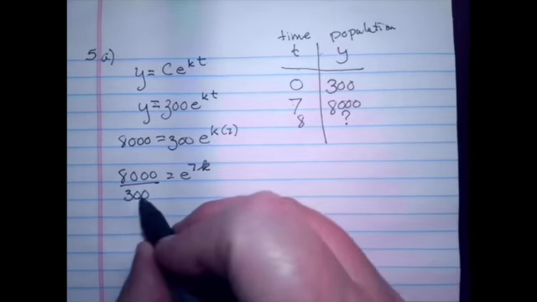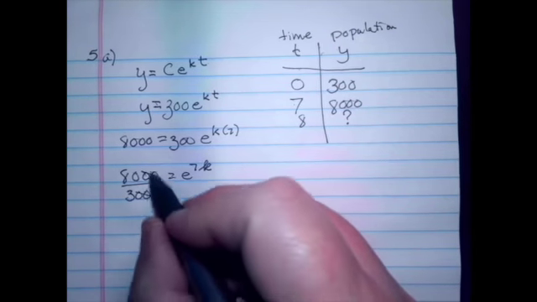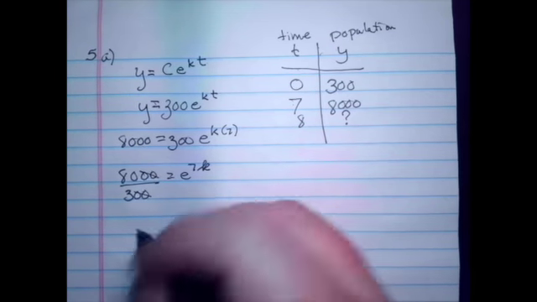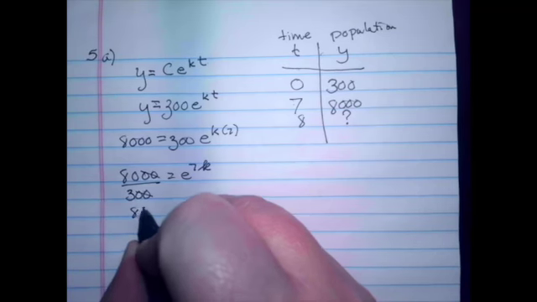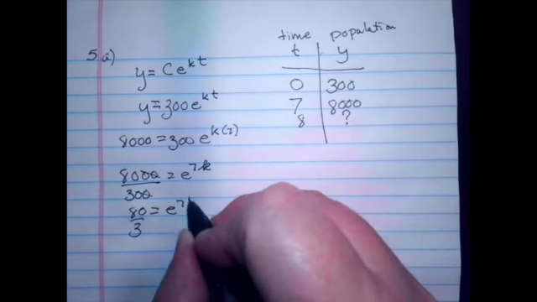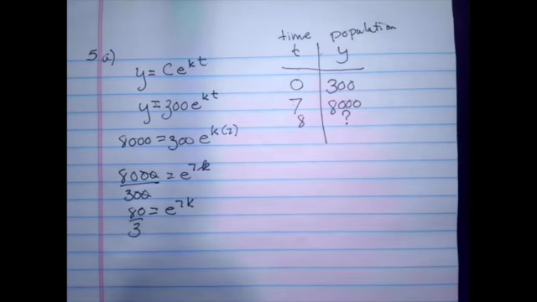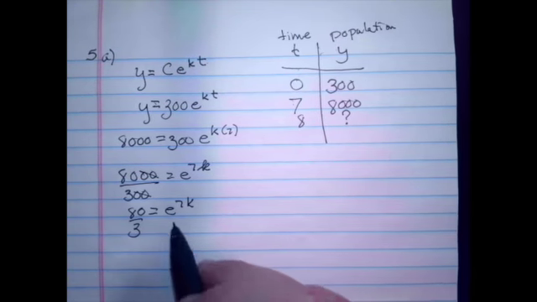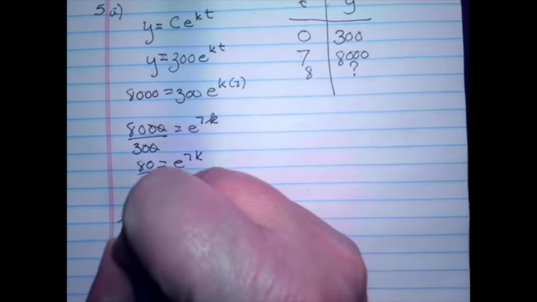Now, rather than pull out the calculator, I'm just going to reduce this. I can take out a common factor of 100, so that would be 80 over 3 is equal to e to the 7k. Alright, so next let's get rid of the e. We can take the natural logarithm of each side.